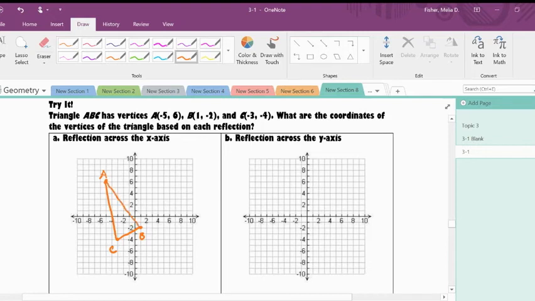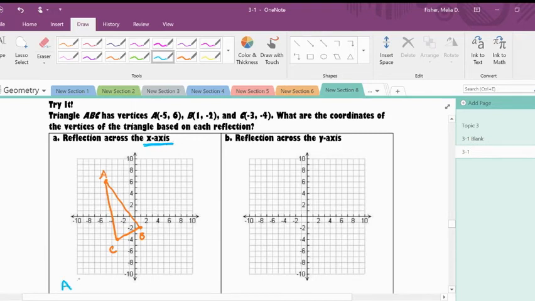So if this is at -5, 6, then to reflect across the x-axis, we're changing the y value.